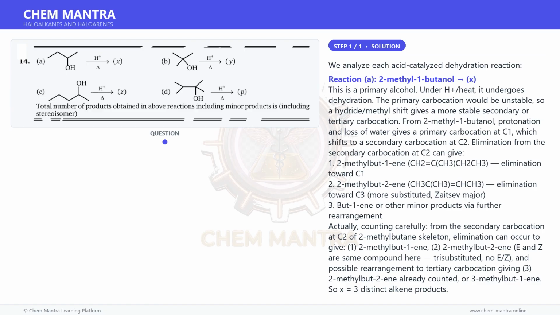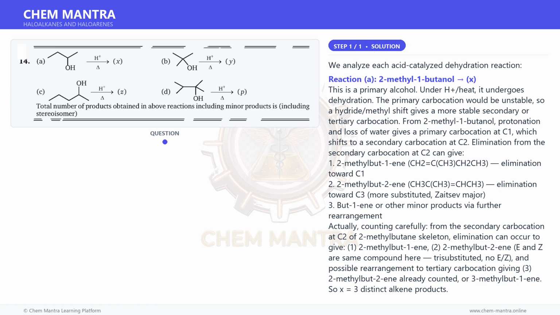No, hex-3-ene has E/Z. Actually, hex-3-ene has E/Z isomers, equal to 2, and hex-2-ene has E/Z, equal to 2, plus hex-1-ene as minor. Counting E-hex-2-ene, Z-hex-2-ene, and hex-3-ene, only one since it's symmetric.